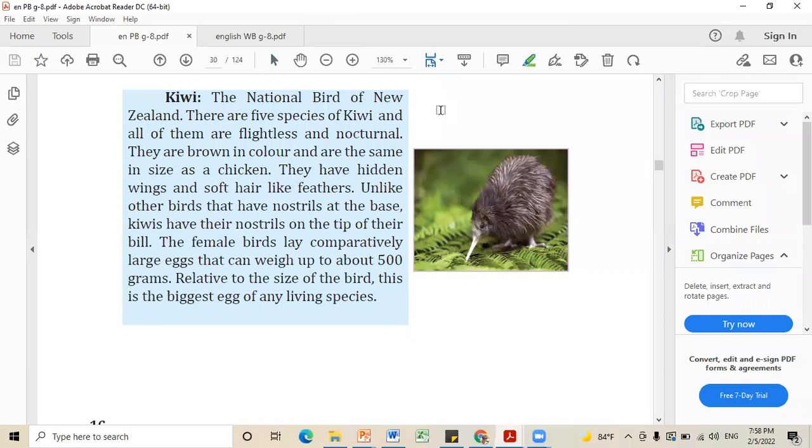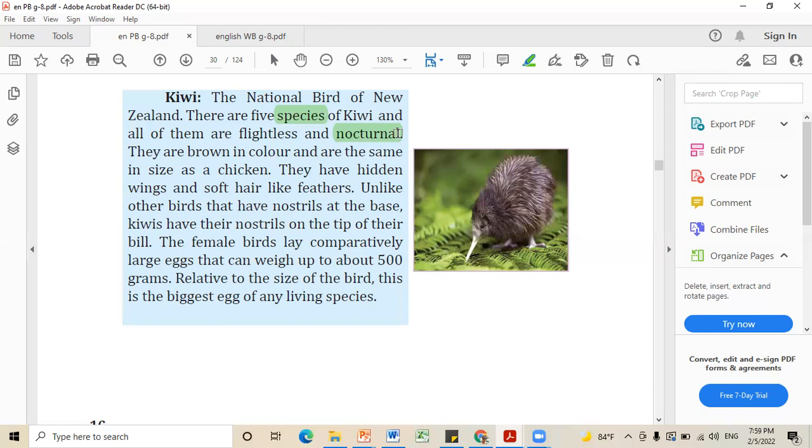Kiwi, the national bird of New Zealand. There are 5 species of kiwi, and all of them are flightless and nocturnal. They are brown in color and are the same size as a chicken. They have hidden wings and soft hair-like feathers.